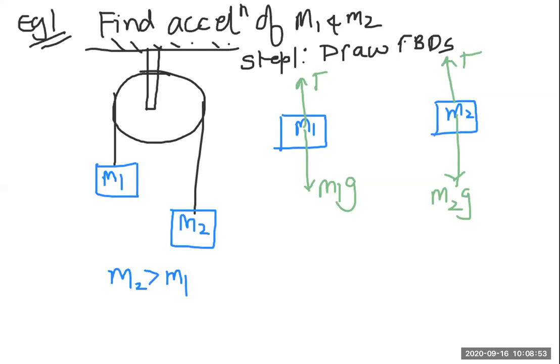Okay. Now, if M2 is greater than M1, तो M2 किधर जाने वाला? जब मैं सिस्टम को रिलीज करूंगा, तो M1, M2 will obviously accelerate, and since M2 is given to be greater than M1, M2 is going to go down, right?